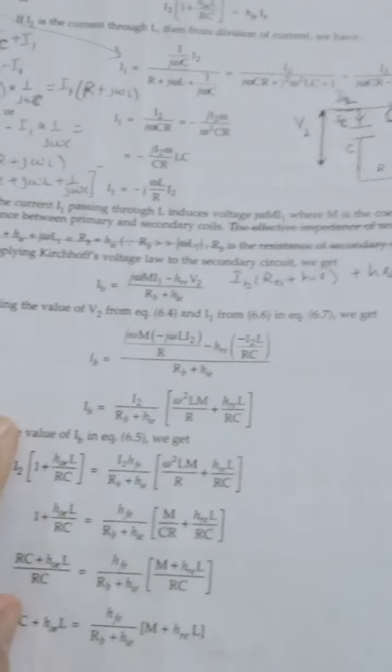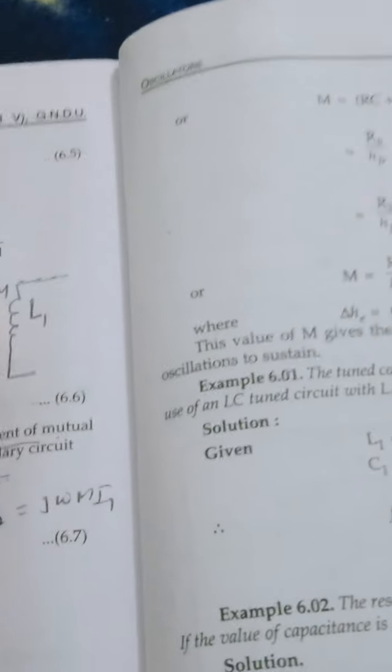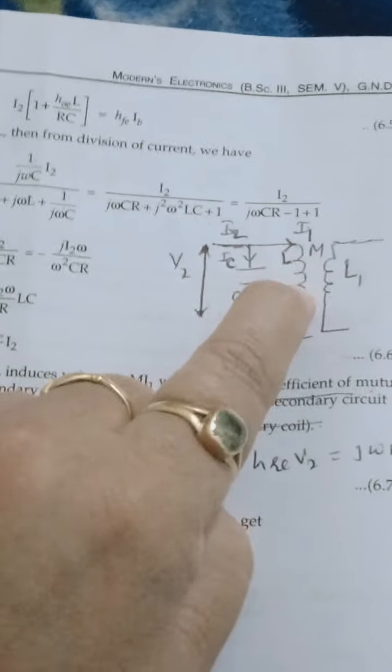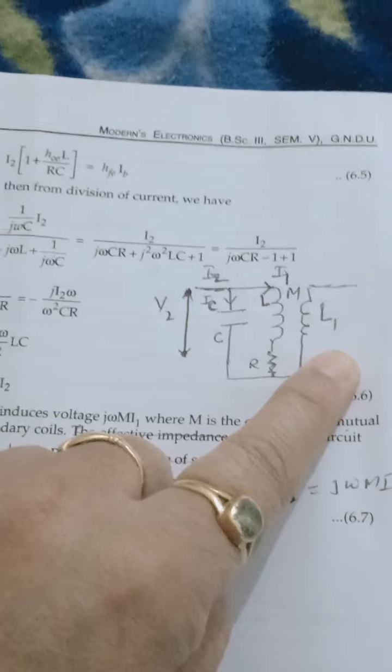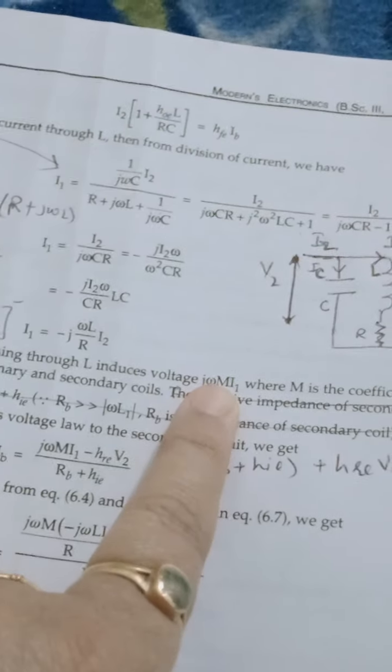Then the further major step is that the voltage which is developed over here is magnetically coupled to I1 and this factor is given by this.